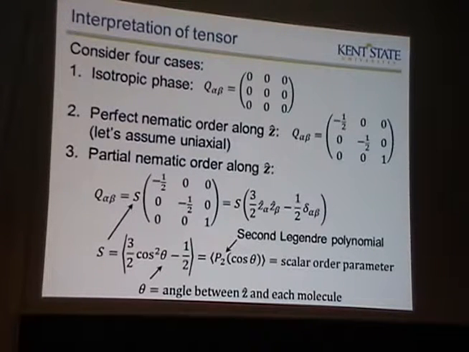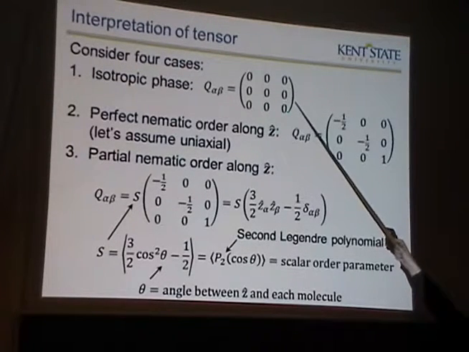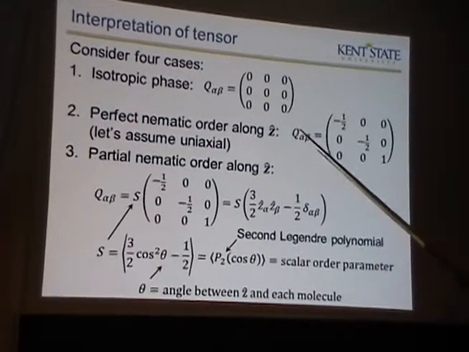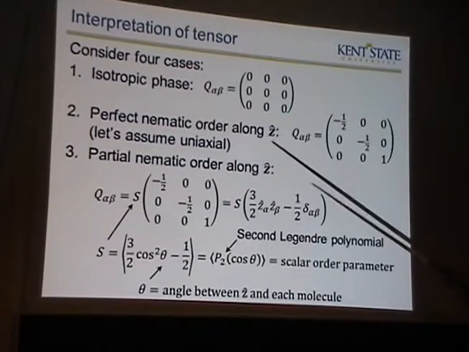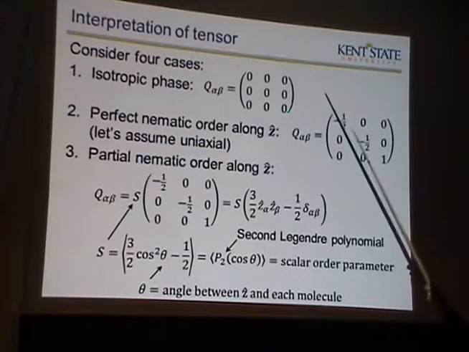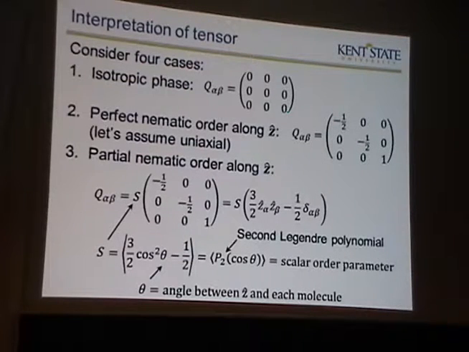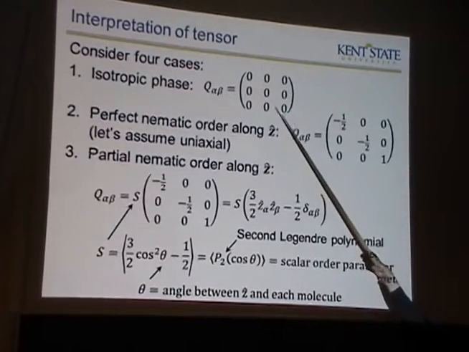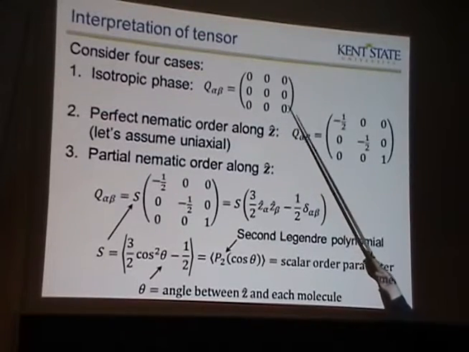So you have to average over the whole distribution of orientations. If you calculate that statistical average, you get 0. So this is part of the reason why people normalize this by subtracting off the identity matrix, the delta alpha beta, to make it be 0 in the isotropic phase.